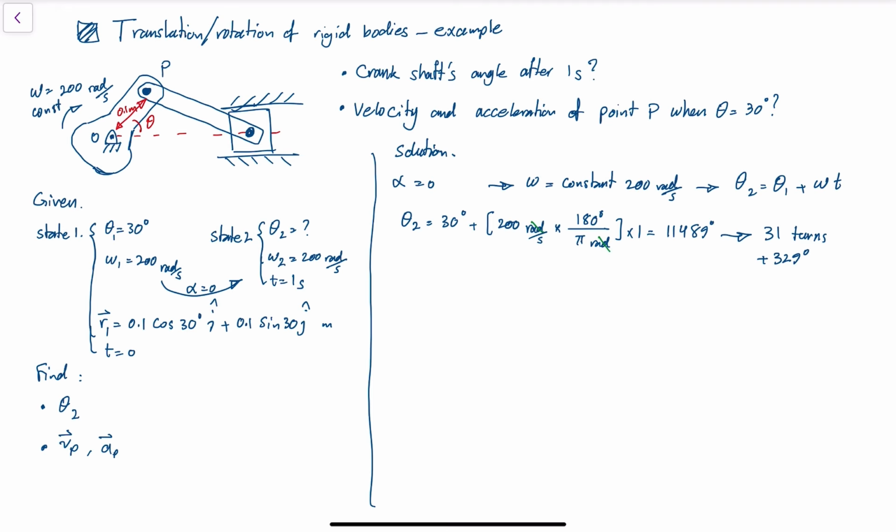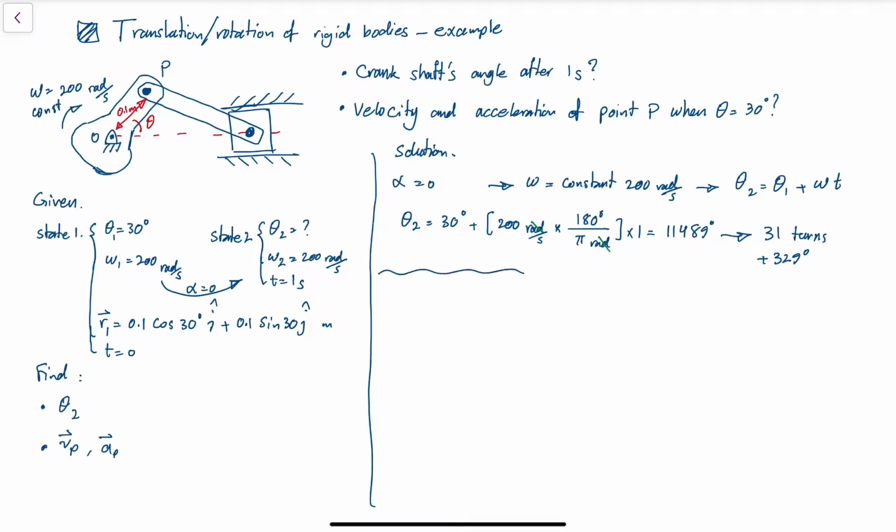So basically this one will rotate a lot, and I'll be roughly here when the total angle, well, this angle from the original horizontal line is 329. Okay, so that is part 1.